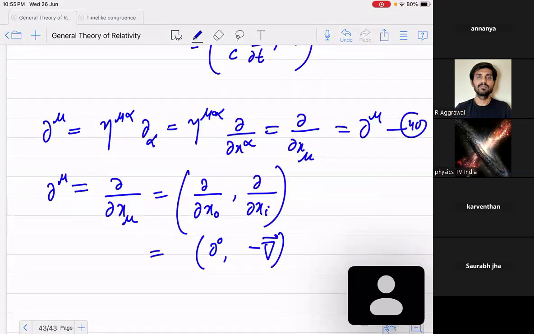Please keep in mind why it's coming. It's coming due to the metric structure, because in the metric the time part is positive and the space part is negative. That's why there is a negative sign. This is equation 41. Please memorize this or keep it in mind, otherwise life will be very difficult for you.